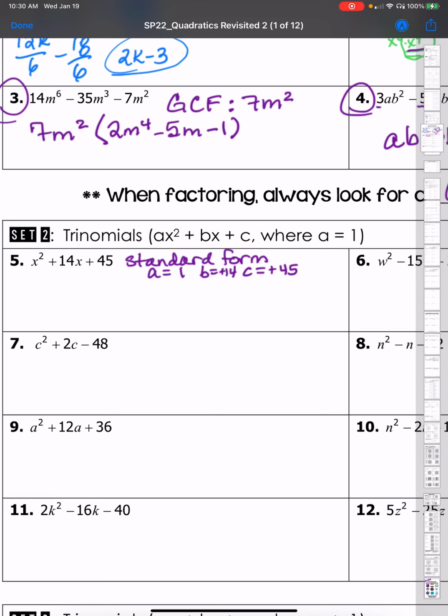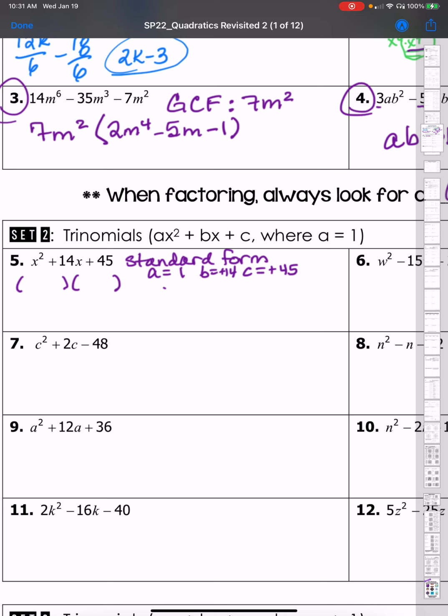To factor, we're going to rewrite this using 2 binomials that we can multiply together to get the trinomial. So we're going to have 2 binomial factors.